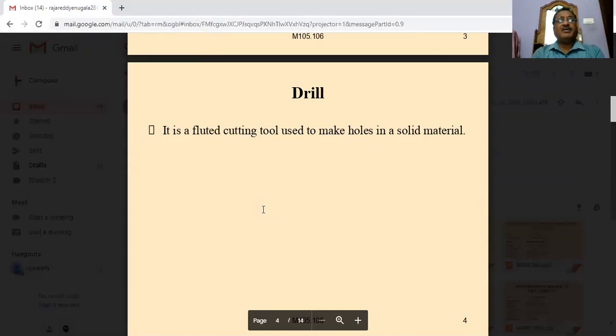It is a fluted cutting tool used to make holes in solid metal or material. A drill bit is a metallic tool which is used to make holes in metals, plastics, wood, etc.